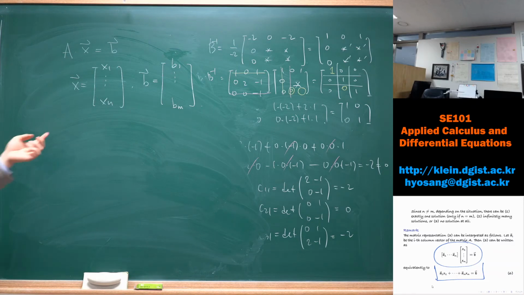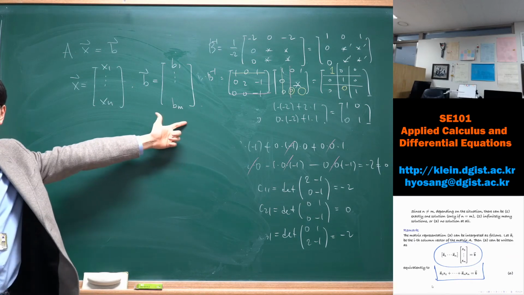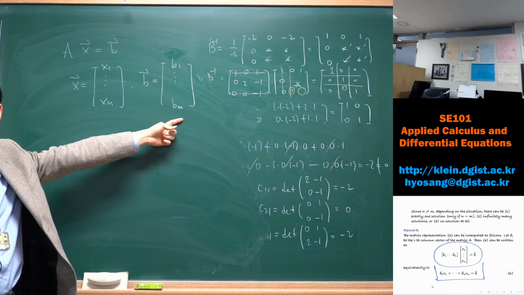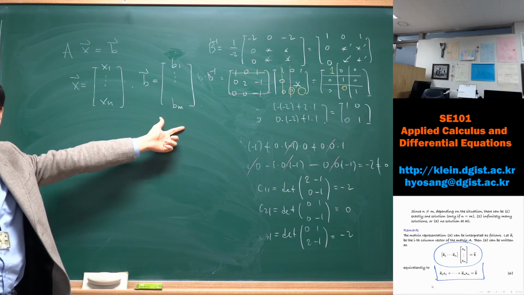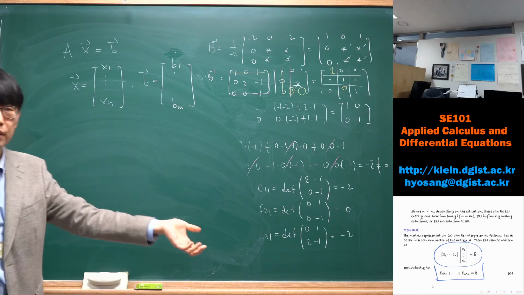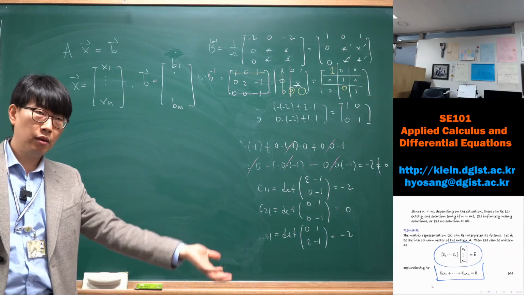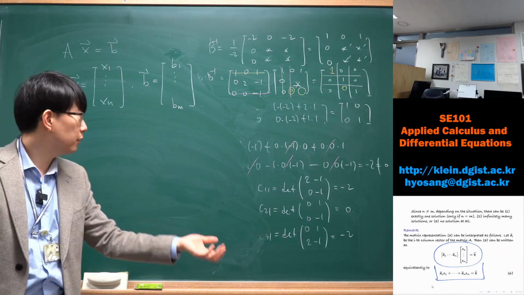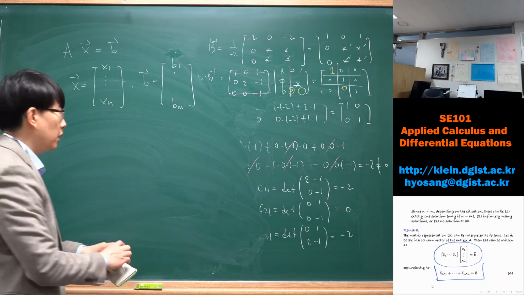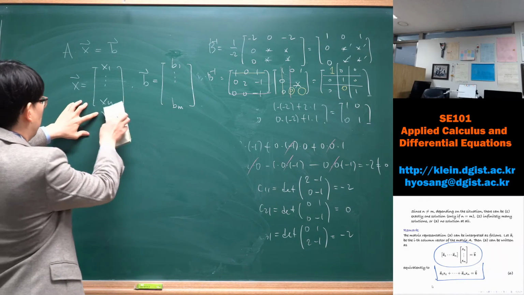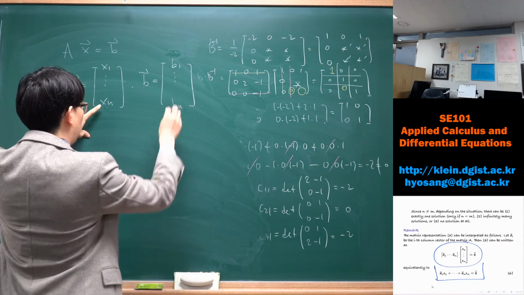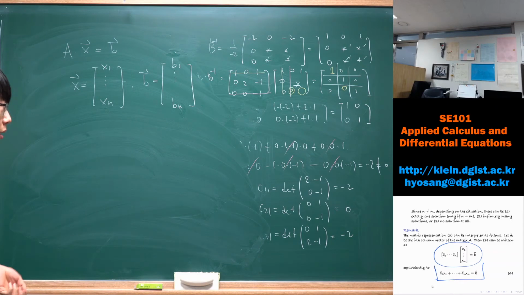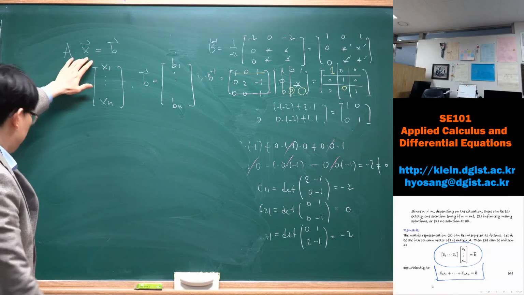Usually this n and m, the lengths of the two vectors, don't have to be the same. But if you want to find a unique solution, you need the same number of equations as variables, right? So we're not going to talk about the general case when we have two different indices. We're only going to talk about when you have the same number of equations as variables.